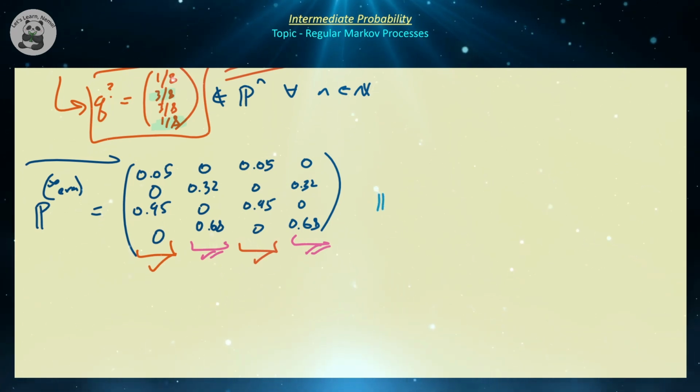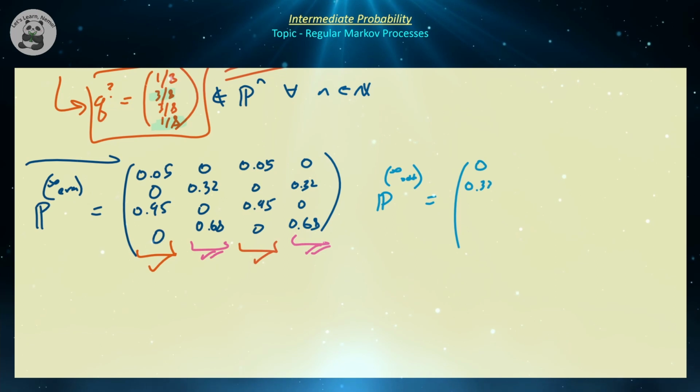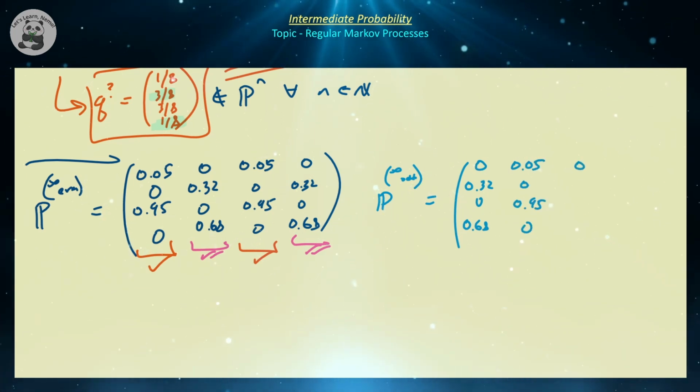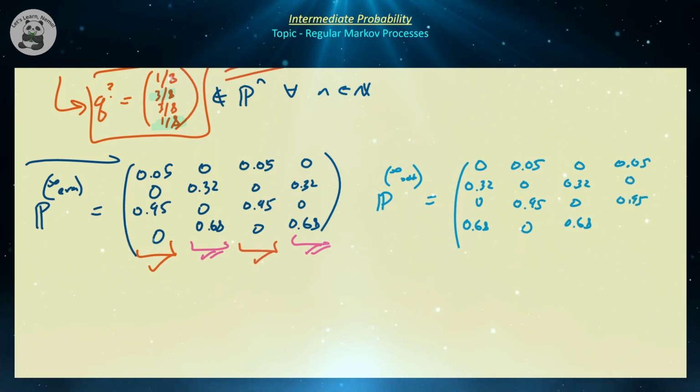Let's actually look at the odd case and see if we see anything useful there. The first column for this is going to be 0, 0.32, 0, 0.68. The next column, you want to take a guess? 0.05, 0, 0.95, 0. Take a guess of the rest of this matrix: 0.32, 0.68, 0.05, and 0.95.